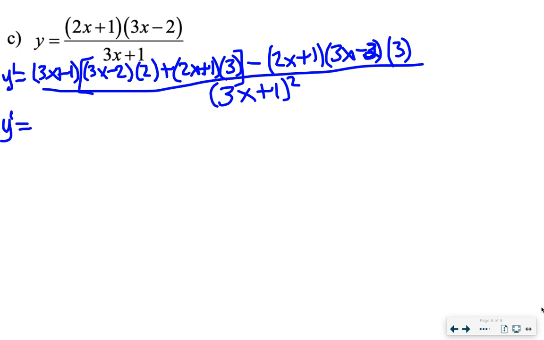Okay, alrighty. So we've got our 3x plus 1. Simplify these brackets.